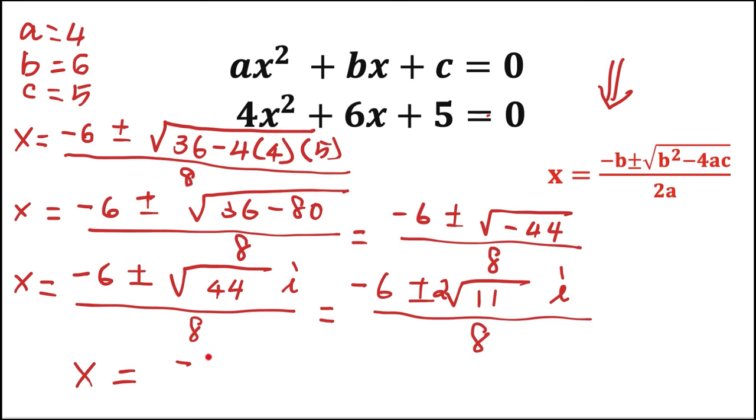So negative 3 plus or minus root 11 i, over 4. This will be the final answer for this quadratic equation using the quadratic formula: negative 3 plus square root of 11i over 4, or negative 3 minus square root of 11i over 4.